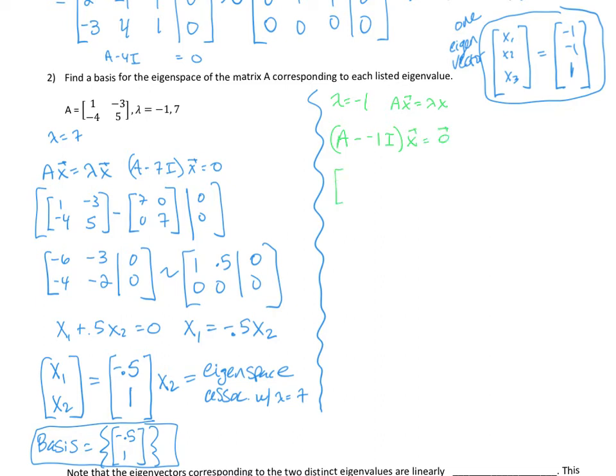Okay, so A is 1, -4, -3, 5. Minus, I'm going to do -1 times the identity, so -1, 0, 0, -1, and I'm going to augment this with 0, 0. So 1 plus 1 is 2, -3, -4, 5 plus 1 is 6.